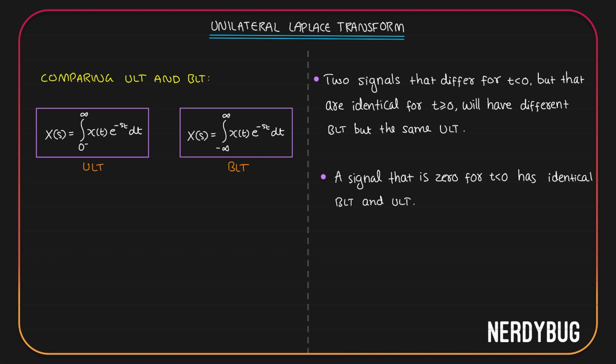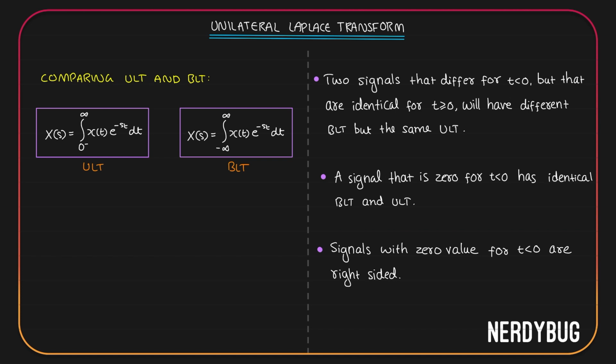So whatever you get is going to be identical with the unilateral Laplace transform. Now let us learn one of the most important properties of unilateral Laplace transform. We know that signals with zero value for t less than 0 are called right-sided signals. When you're taking unilateral Laplace transform of a signal, you are only integrating from 0 to infinity, which means you are not considering anything that is happening for t less than 0.